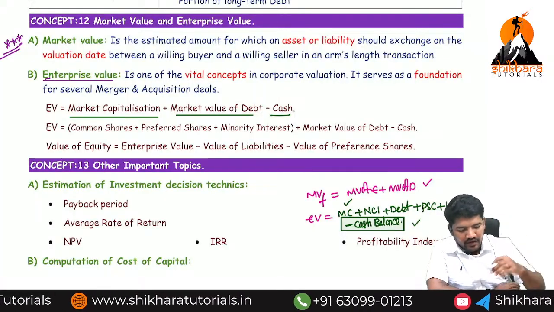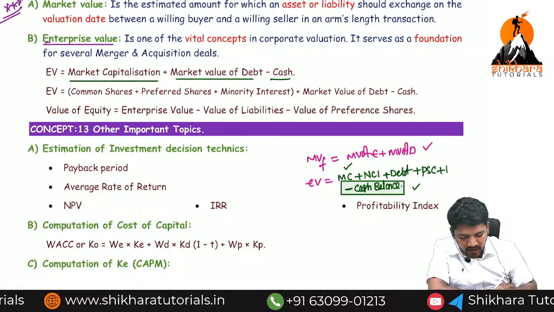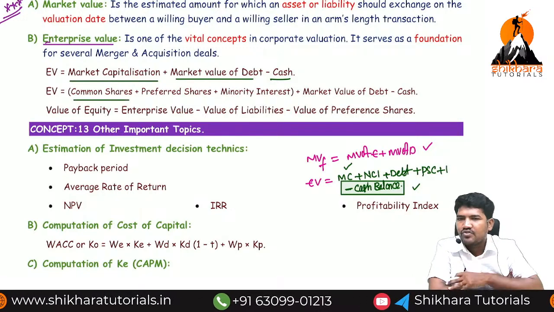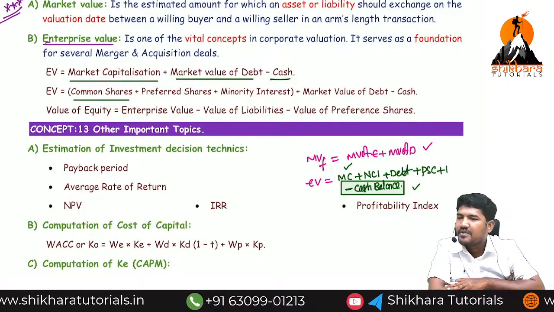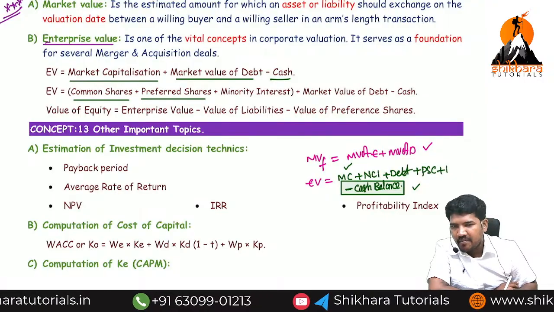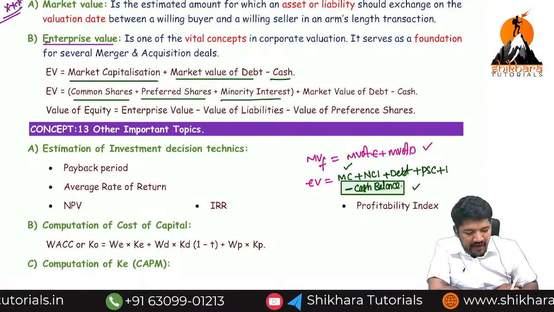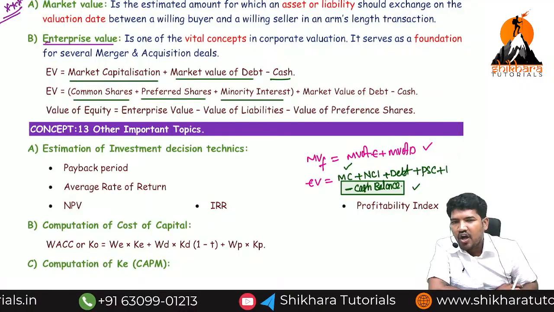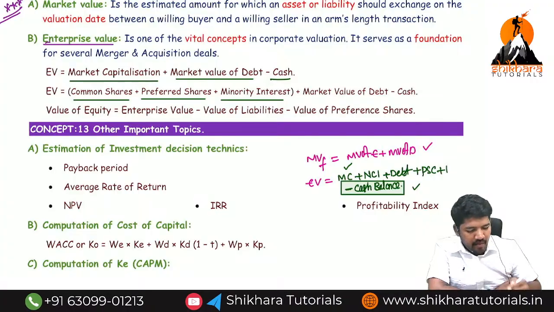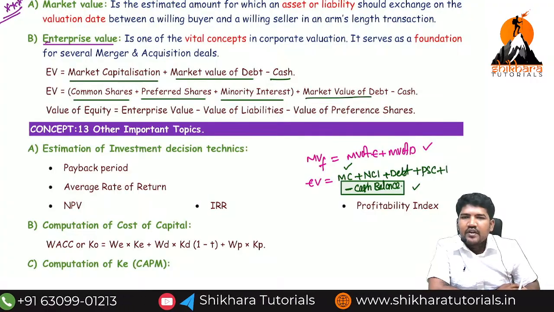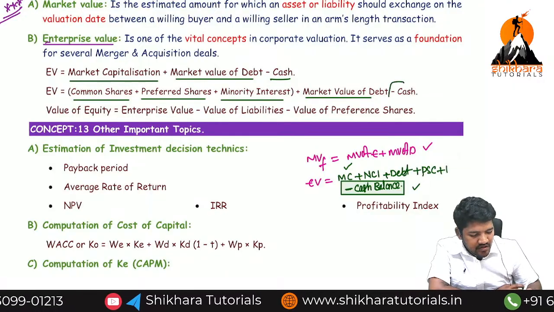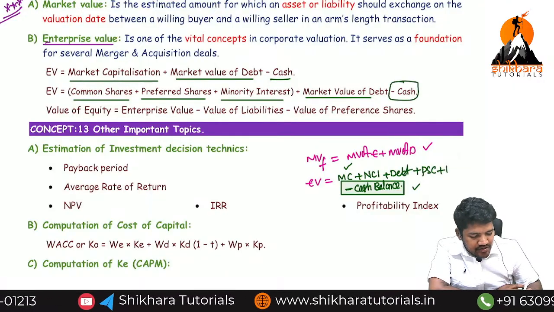If you decode this again, common shares, that is nothing but equity share capital plus reserves and surpluses, is known as common shares, plus preferred shares, that is nothing but preference share capital, plus minority interest, that is nothing but NCI, non-controlling interest, plus market value of debt. Are you clear, sir? Minus cash and cash equivalents.